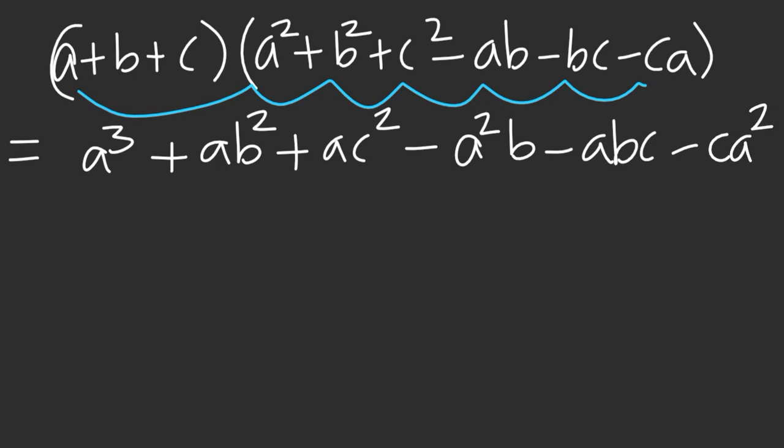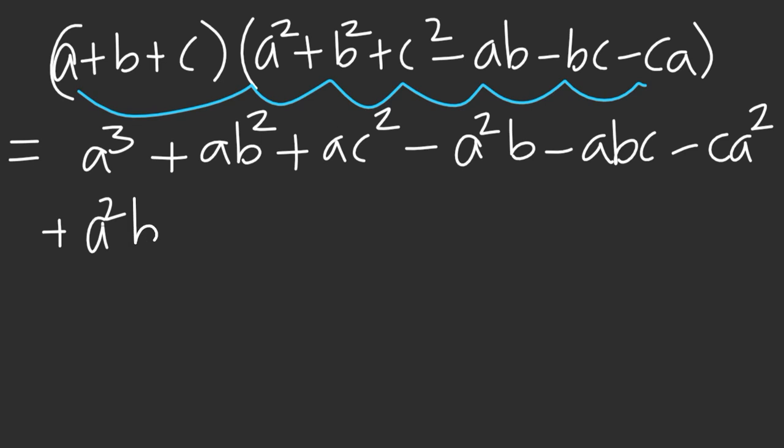Then for b I am writing on the second line: b into a², so that is ba², but as I told you the cyclic order I will write a²b, that will be easier.